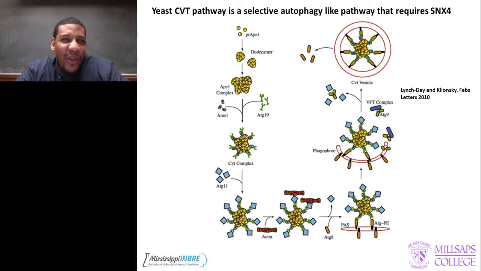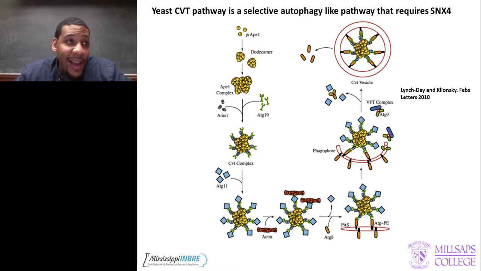And it turns out the vesicle, the transporter that brings these enzymes to the vacuole, is essentially an autophagosome. And so the trafficking of this enzyme to the vacuole is sort of a form of selective autophagy. And it turns out that if you knock out SNX4 in yeast, you disrupt this CVT pathway, or this selective autophagy-like pathway.